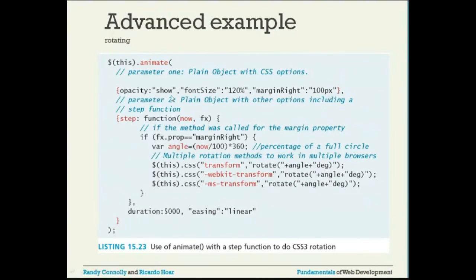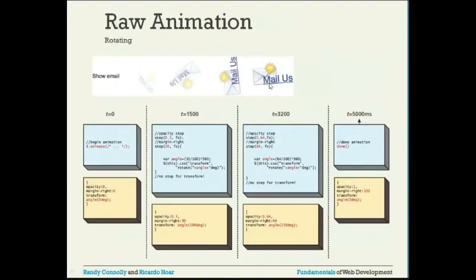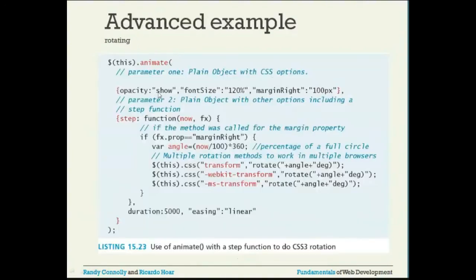This is the CSS of the final state. When it is in the final state, this is how it is going to look: it is going to show, font size is 120%, and the margin right would be 100 pixel.